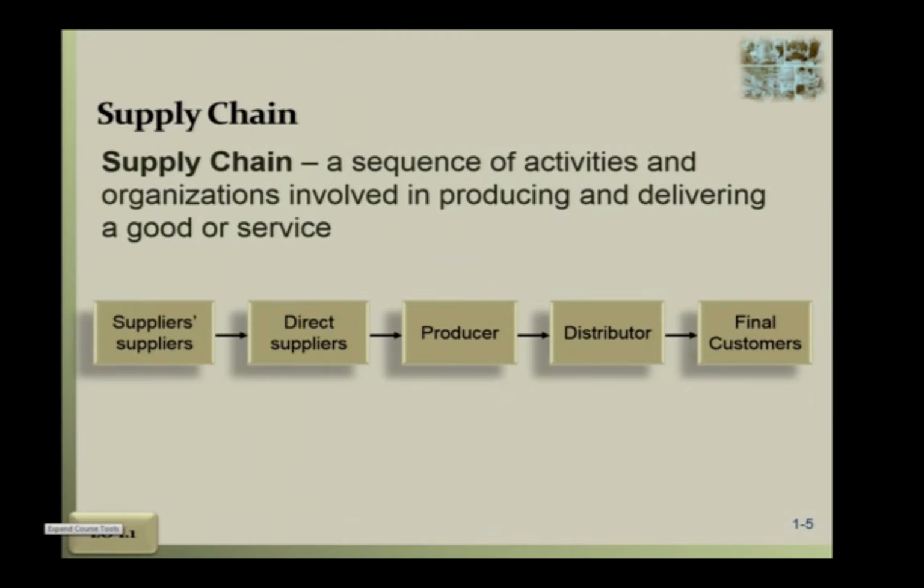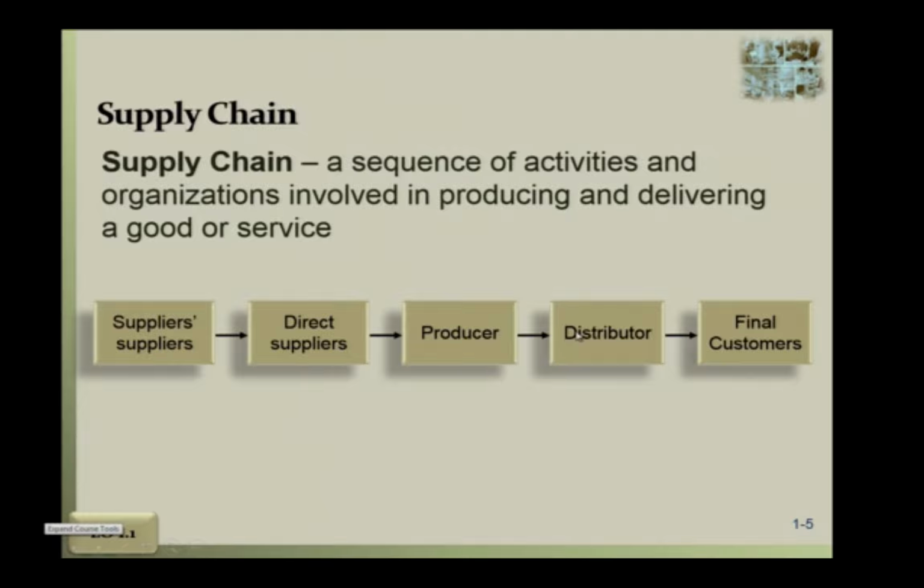We see more and more that it's not just a corporation competing with another corporation, more like a supply chain of one industry competes with another. So how effective is the supply chain in terms of quality, productivity, reliability, and other measures of performance?